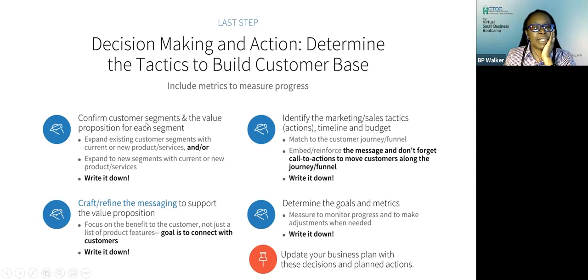So the first thing you're gonna write down, you're gonna confirm if you have the customer segments and the value proposition for each segment. So you're gonna decide, am I going to expand the existing customer groups? Meaning, if I'm the catering company, I'm going to stick with the women because they were 80% of all the customers we surveyed.